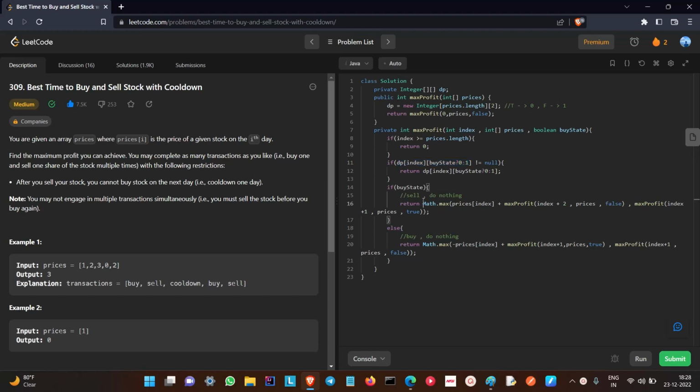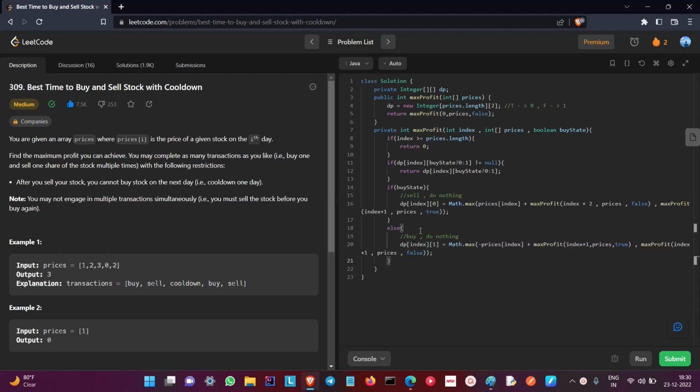Finally, what we'll do here is, if we are in the buy state condition, we need to store the value at the zeroth index. So buy state true is nothing but index 0. So we'll store the value on the zeroth index. If the buy state is false, we need to store the value at the first index.